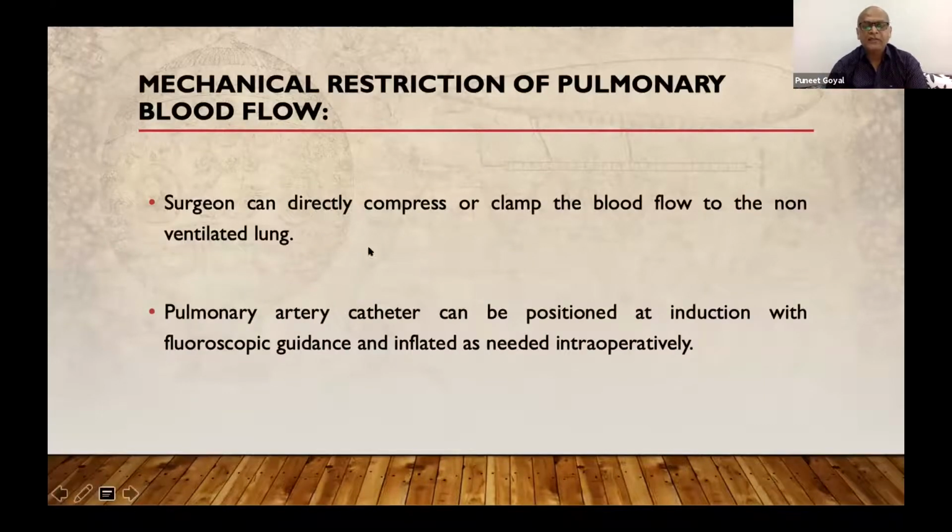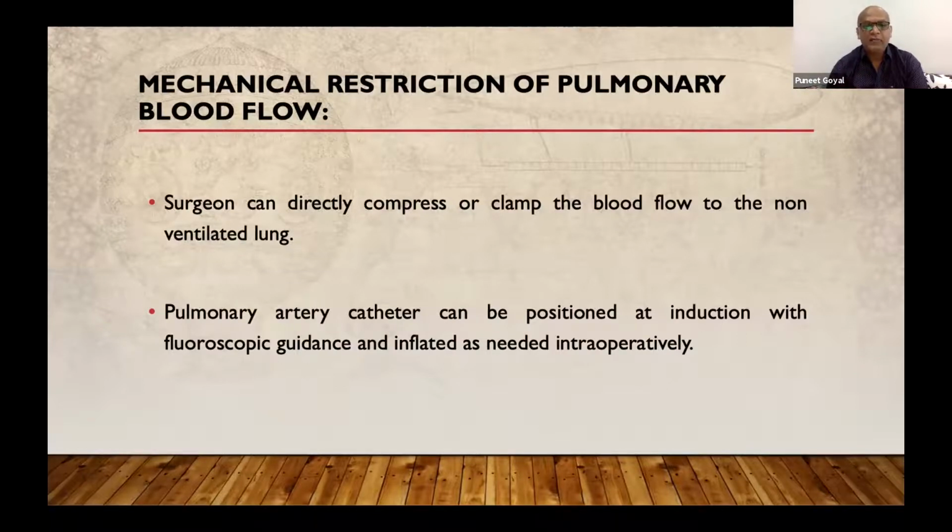Then in extreme circumstances, you can ask the surgeon to directly compress the blood flow to the pulmonary artery of the non-ventilated lung if the surgeon has got the access. This will divert the blood flow to the ventilated lung and you will have improvement in the oxygenation. But this is rarely required and sometimes it is not possible also, but if it is possible, you should remember this.